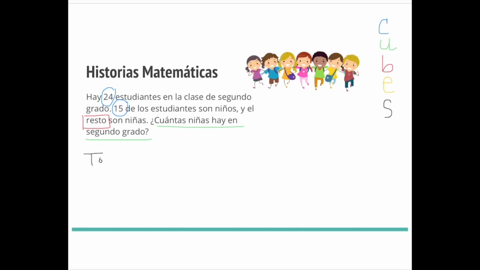Sé que el total de los estudiantes es 24. Y hay 15 niños. Quiero saber cuántas niñas hay.